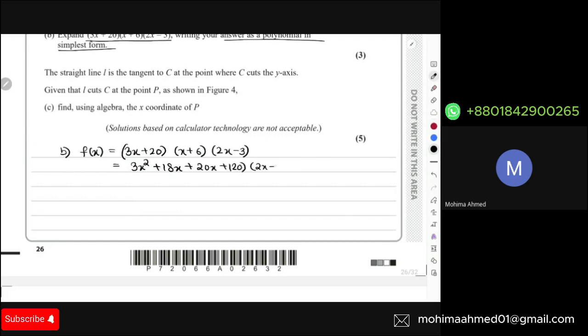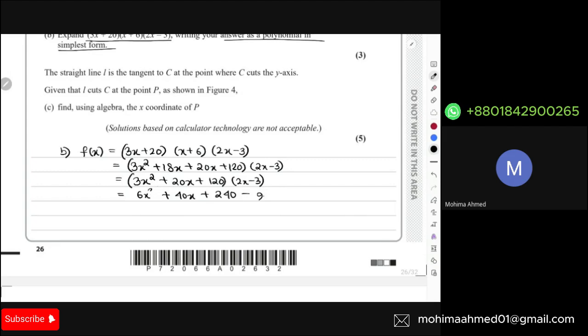And then again, it will be multiplied with 2x minus 3. We'll first simplify this part. 3x squared plus 20x plus 120 multiplied with 2x minus 3. So again, you get 2 multiplied with 3 is 6x squared, 40x, 240, and then again minus 9.